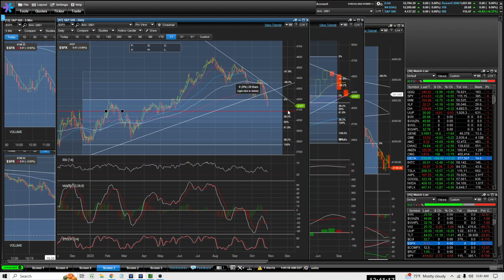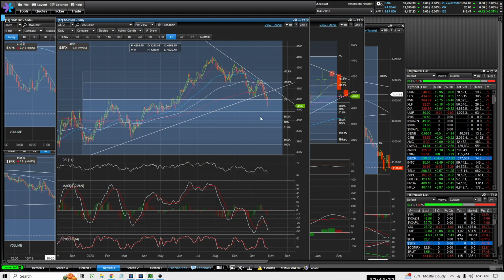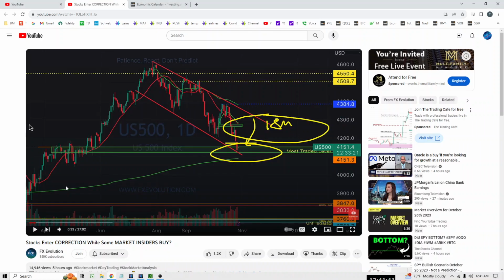Because it hasn't touched the lower end of this range or this key zone that he highlighted here. He should have made this all the way down here to match this. I don't know what moving average that is. I would like to know what moving average that is. But it's good that he has it because there's a reaction to it.